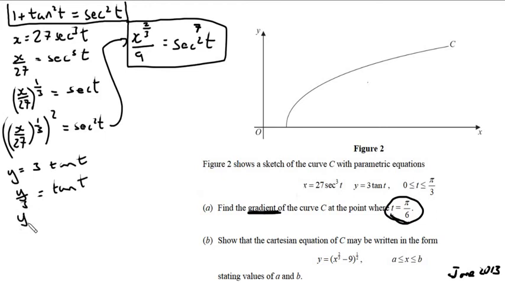So y over 3 all squared equals tan squared t, which is the same as y squared over 9 equals tan squared t. Now we can substitute y squared over 9 for tan squared t, and x to the power of 2/3 over 9 for sec squared t.